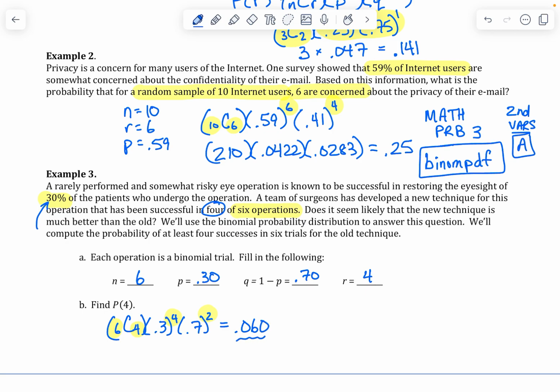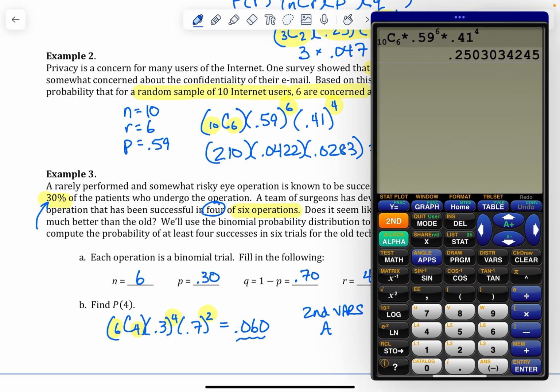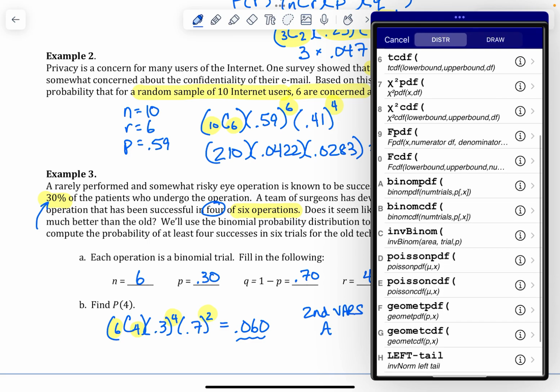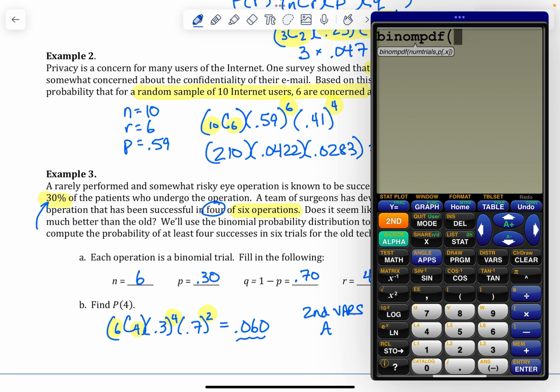Now, if you do it with this new method, if you go to second vars A, you'll see binomPDF. So let's take a look at what that's like. So if you go to second vars, you'll scroll down and eventually you'll see binomPDF. Now, depending on your calculator, it may prompt you for some information.